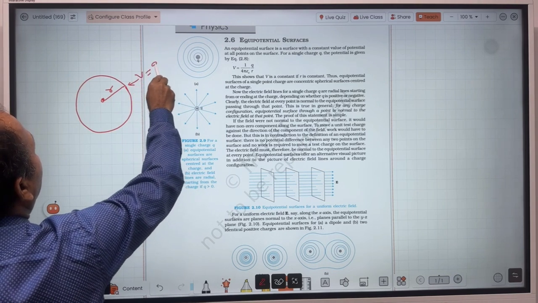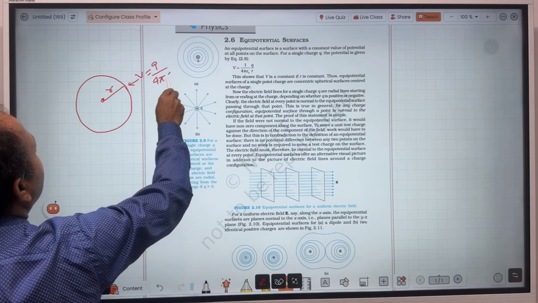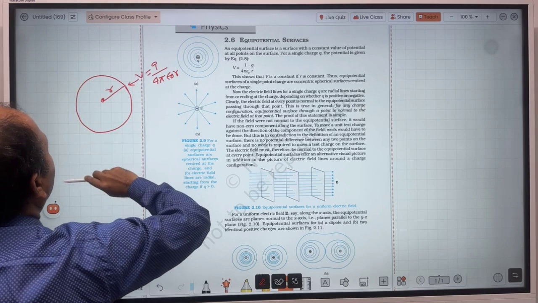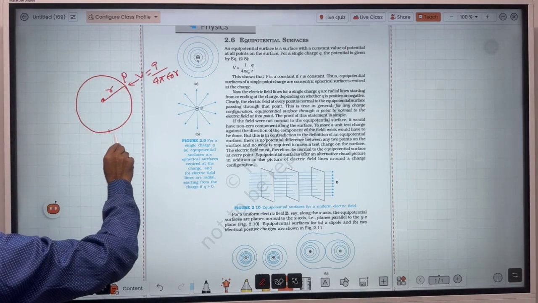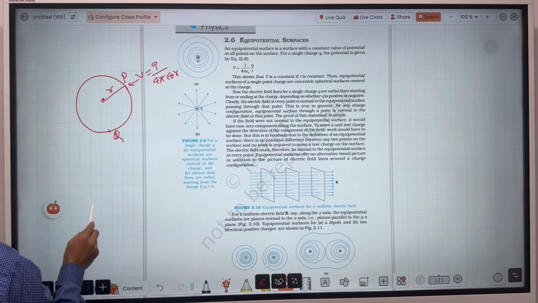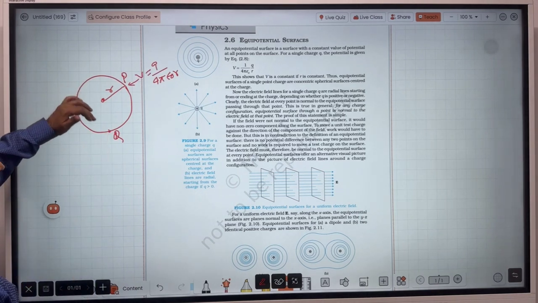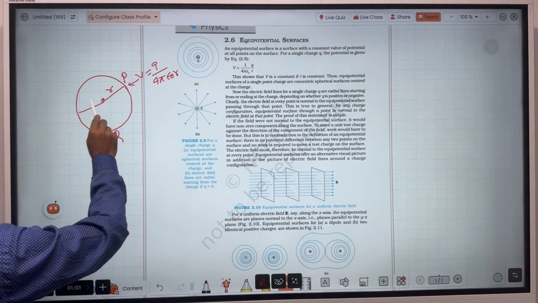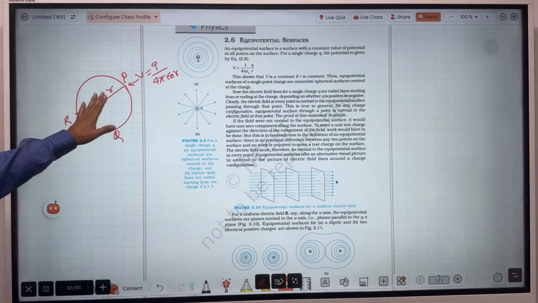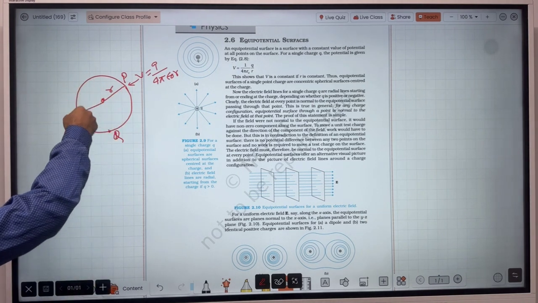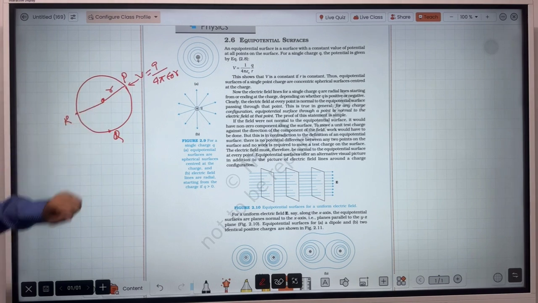So V will be equal to Q upon 4 pi epsilon naught r. If you find this is a point P, say this is point Q, so here if you find potential, distance is the same. If you find potential here, still distance is the same, so potential will remain the same. So this is a surface where potential is the same.